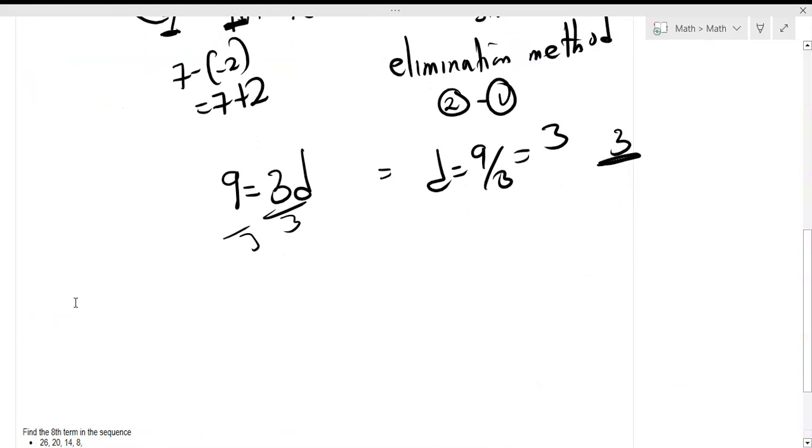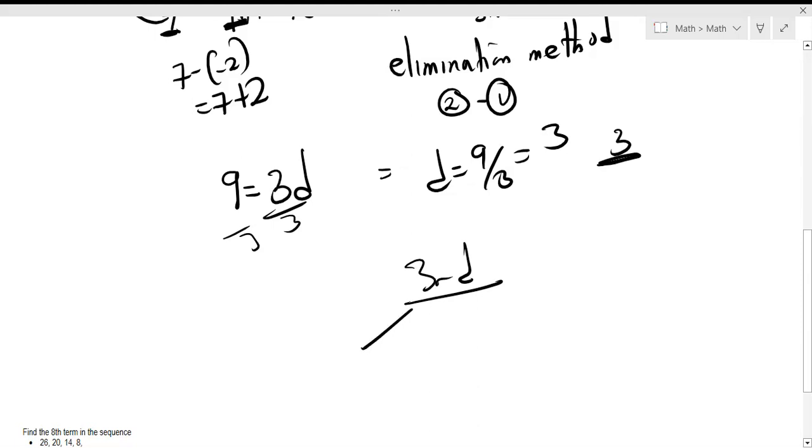Before we find the third term, it's best to find the first term. It's not compulsory, but I always advise that. There are two ways we can find the third term.